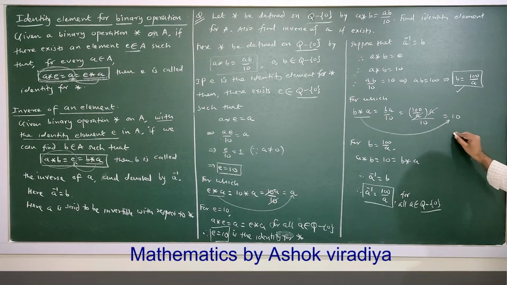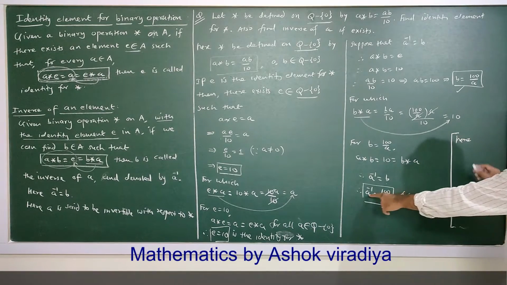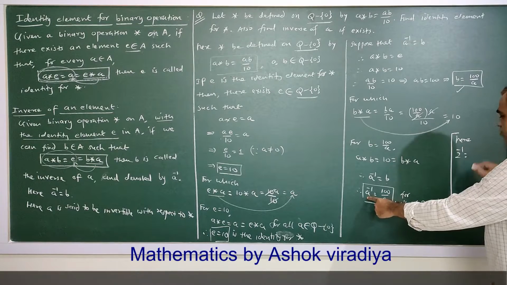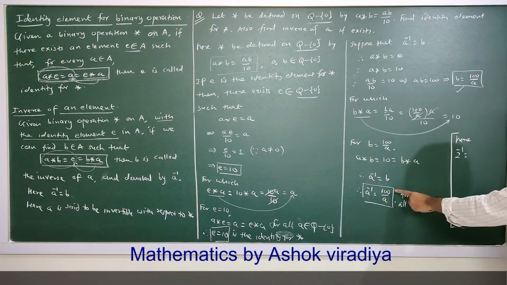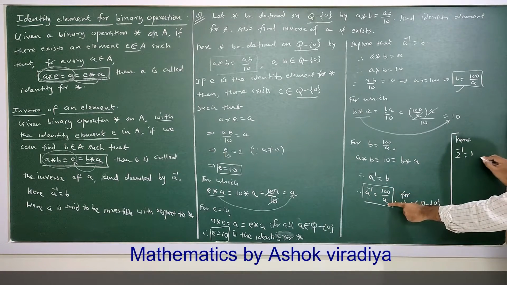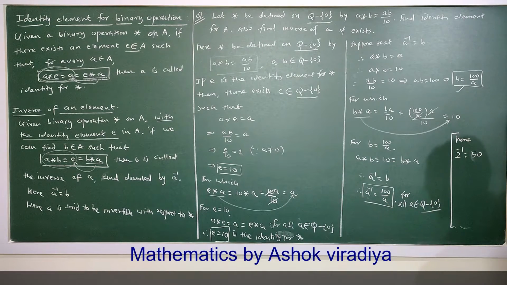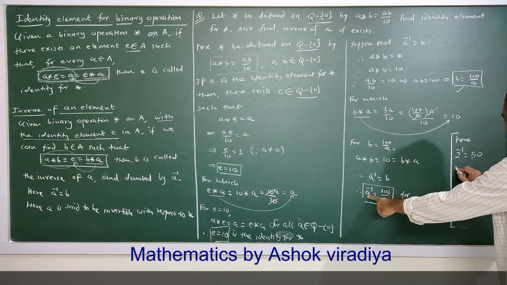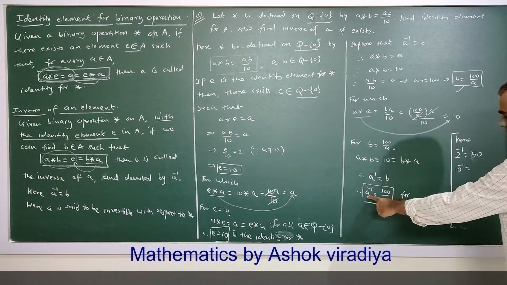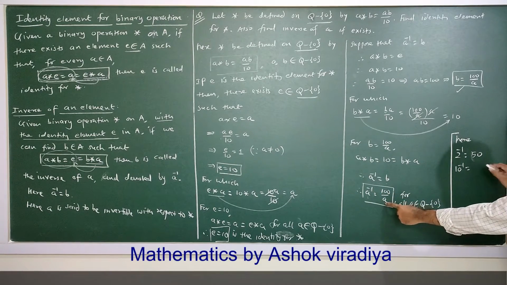As for example, if you put A equal to 2, so 2 inverse is 100 by 2, which is 50. If you put 10 inverse, 10 inverse is 100 by 10, which is 10.